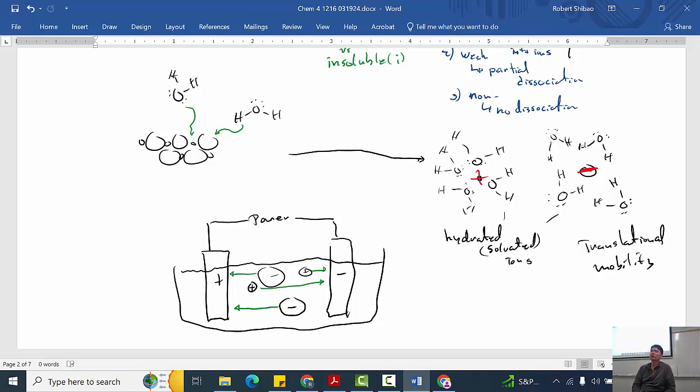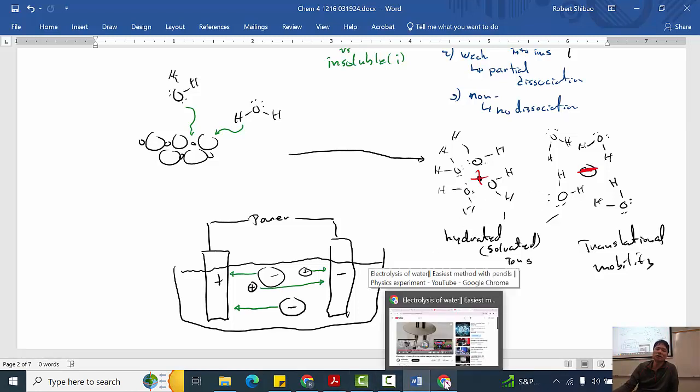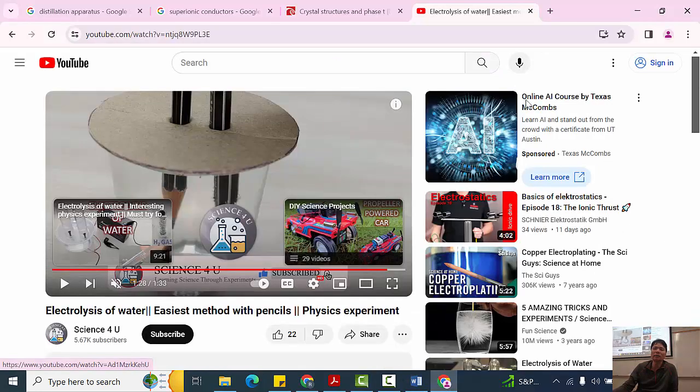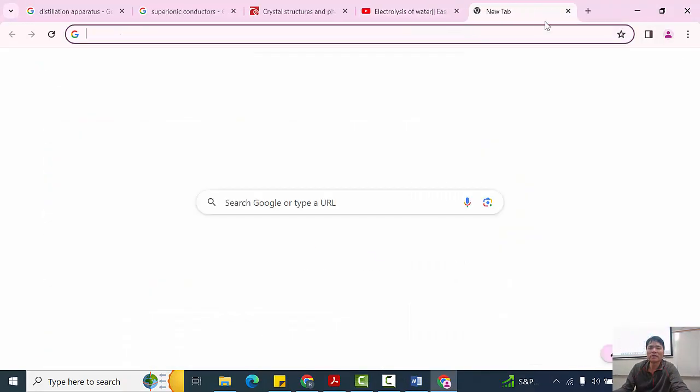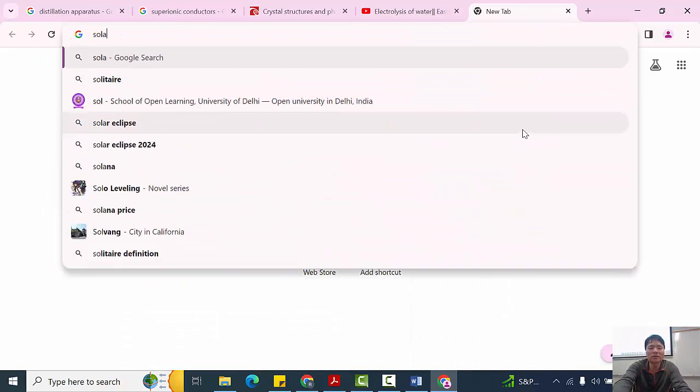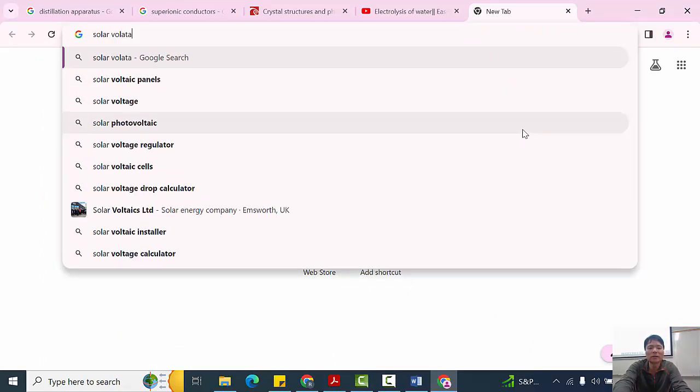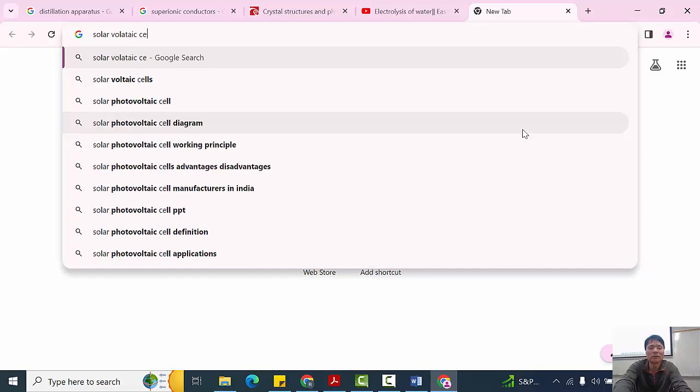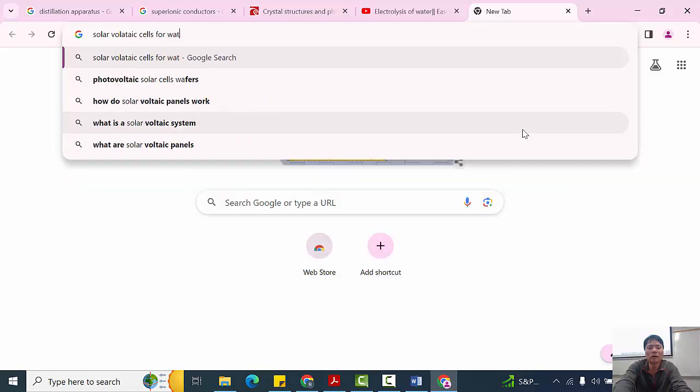So what people are trying to do is use solar energy with what are called solar voltaic cells to split water into hydrogen. But the problem with solar voltaic cells for water electrolysis is that it's not very efficient. So let's take a look. Solar voltaic cells for water electrolysis.